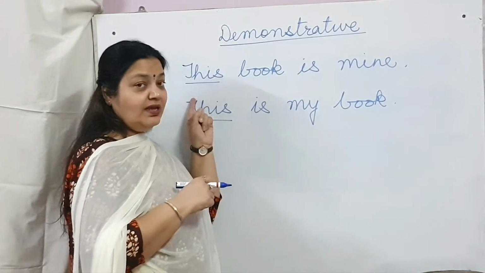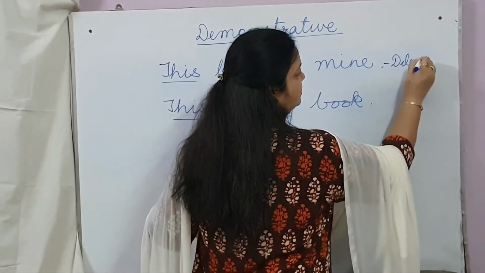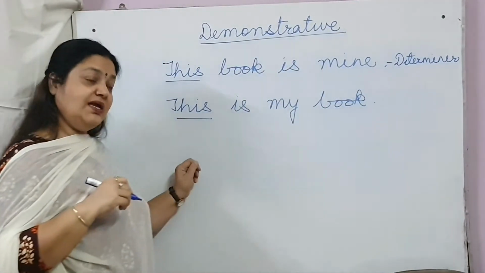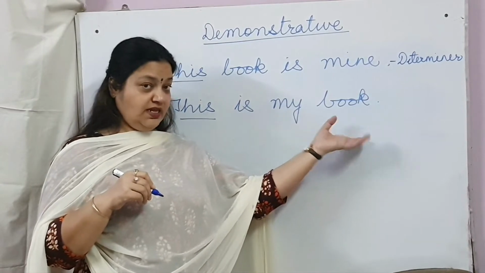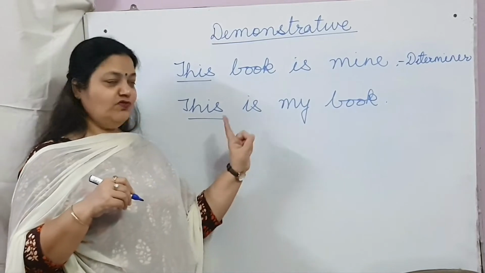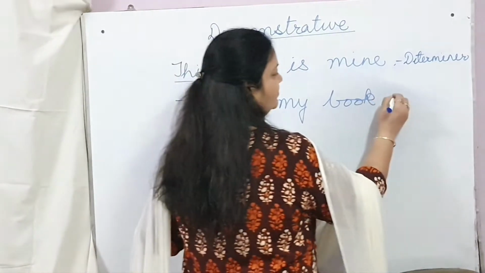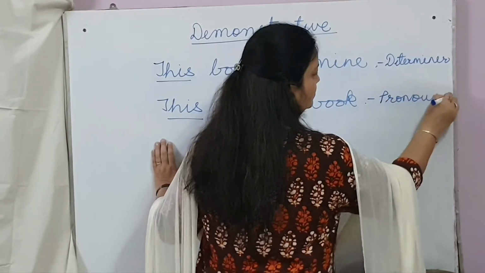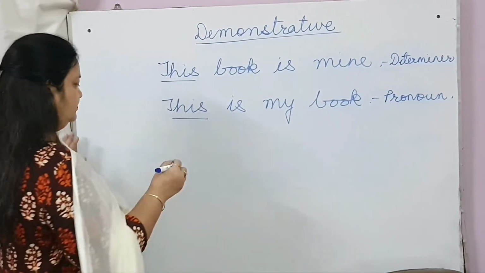So this will be a determiner. Whereas again, here this is used to qualify this book, that this book is mine, this particular book is mine, but it is not used before a noun. So it becomes a demonstrative pronoun. I'll give you another example.